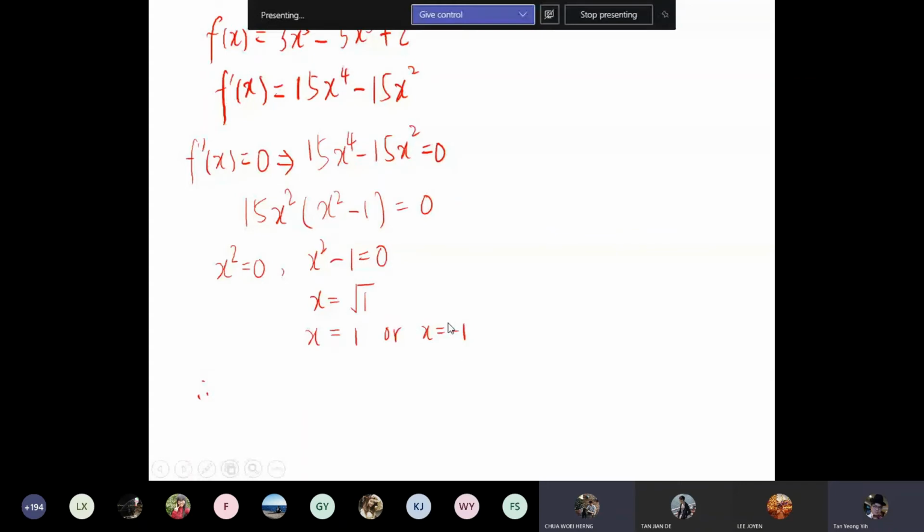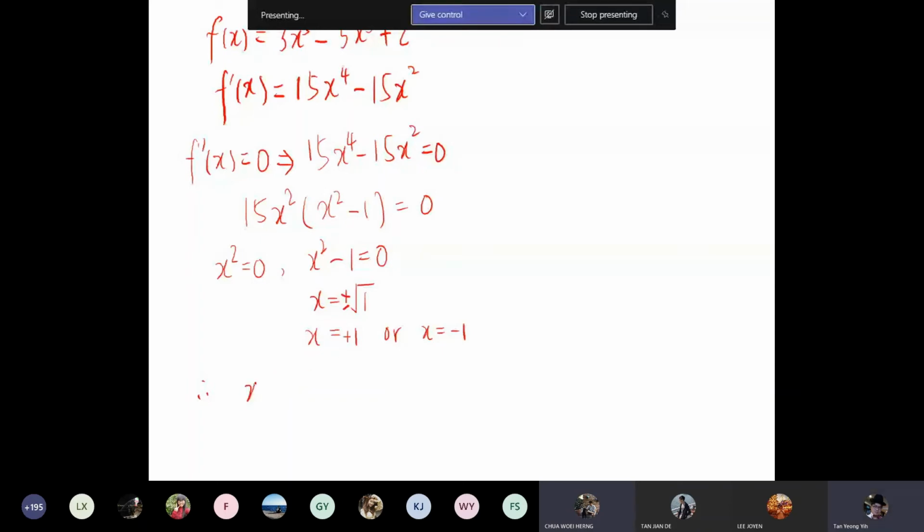This one, when I bring it over here, it should be 1, right? So the square I bring over here will be a square root. And with a square root, you know we are getting 2 answers, right? One is positive, and the other one is negative. Therefore, I have 2 answers here. Okay, just straight.